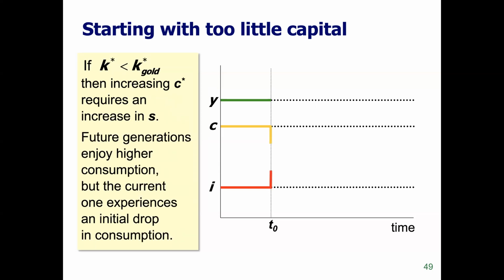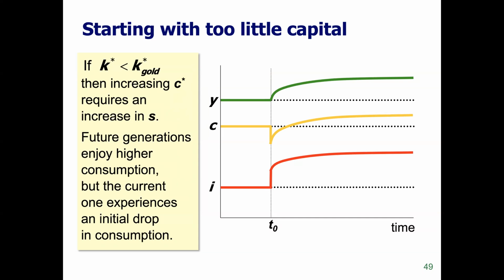Because of the definition of the golden rule, we know that consumption will end up higher in the end, but that initial higher saving rate cuts into our consumption and is painful. So future generations are benefiting, but there's a sacrifice on the part of people right now.